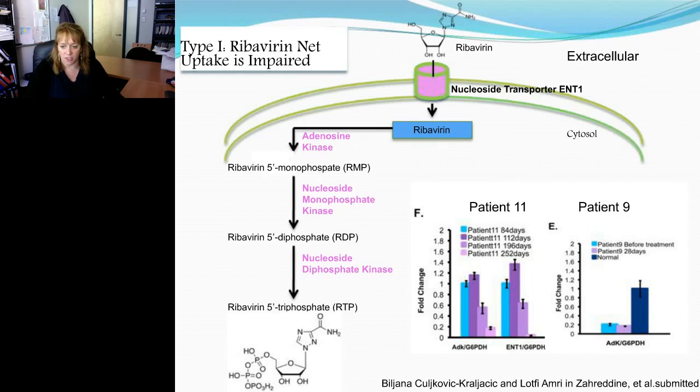Patient 9 is a patient who never had a molecular or clinical response. And what's interesting here in dark blue is normal ADK levels. And in blue and in pink are before treatment and at 28 days for this patient. And this non-responding patient, you can clearly see, has about 5-fold less ADK than a normal person, strongly suggesting that this patient also is resistant because the ribavirin really never entered the cells.